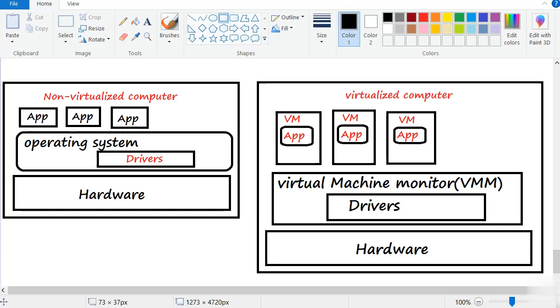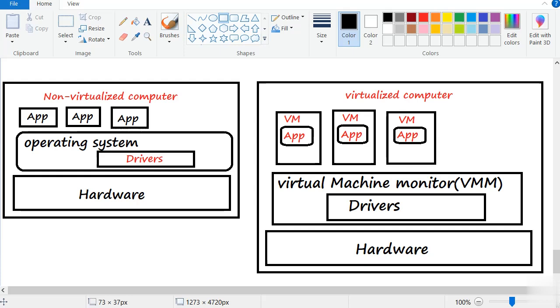This allows your computer to install one OS in another OS. And we can run any OS compiled program in the current OS in a platform independent way. By using virtual machines, I have created 3 applications here in a platform independent way. And you can use hardware resources effectively in virtualized computers.